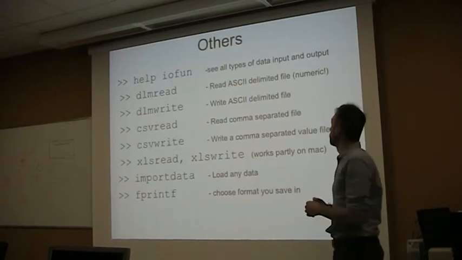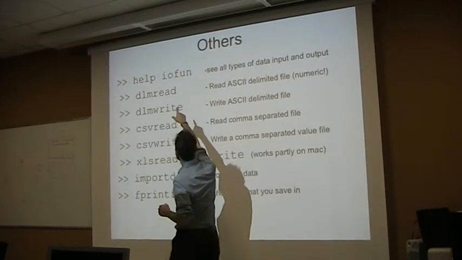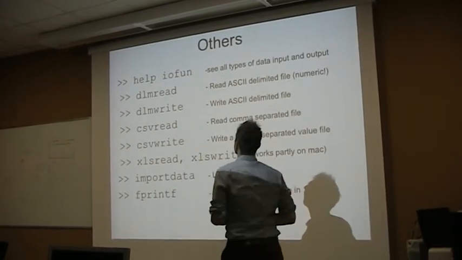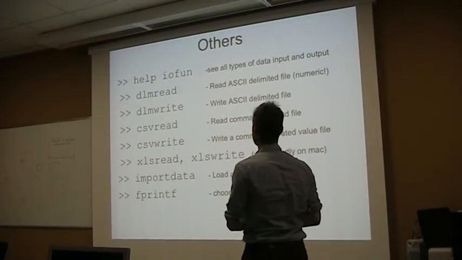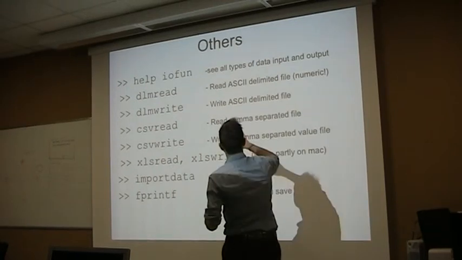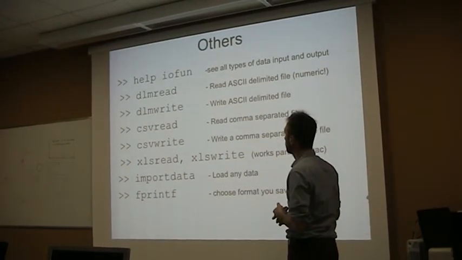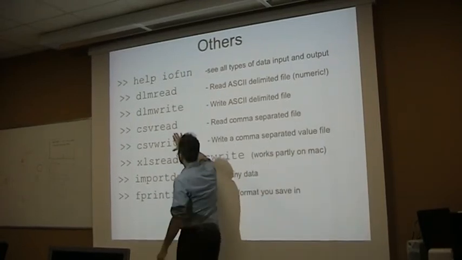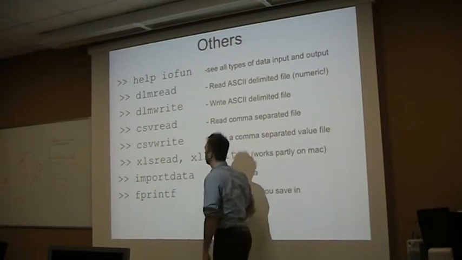There are other formats, and you can get a list of them by typing help iofun. For example, I just wrote down here some which are important. dlmread to read files, dlmwrite to write them. CSV, well, it's comma separated. Sometimes if you use Excel, you can save it as CSV.